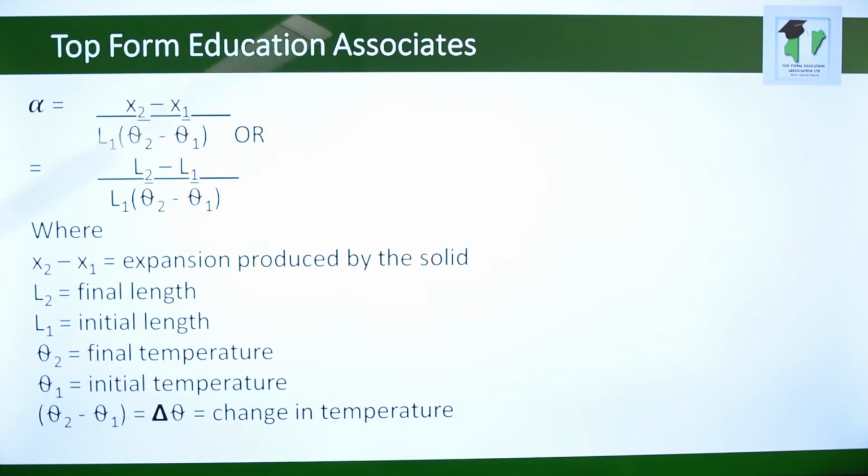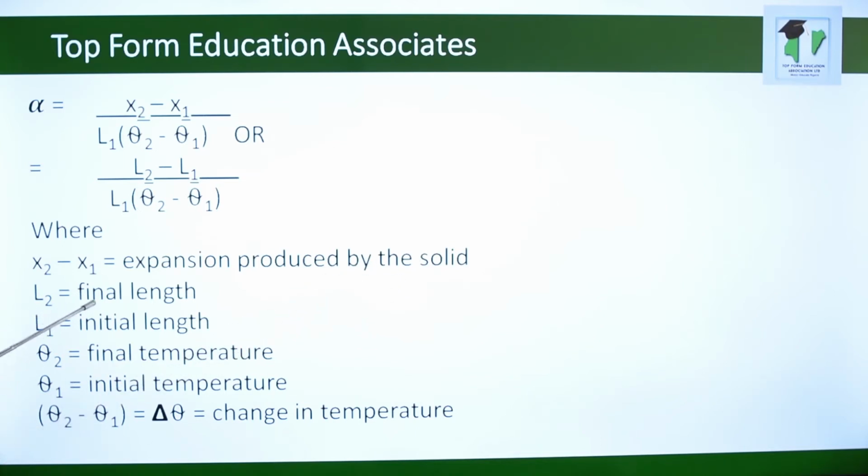Temperature. We can still say L2 minus L1, meaning change in length over original length, times theta 2 minus what? Theta 1. Are you following it? Where x2 minus x1 equals the expansion produced by the solid.